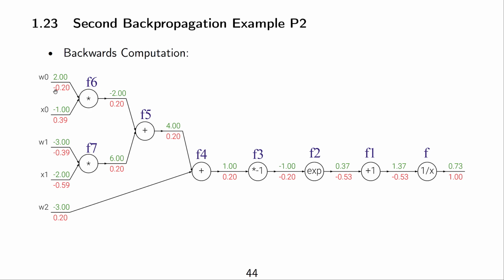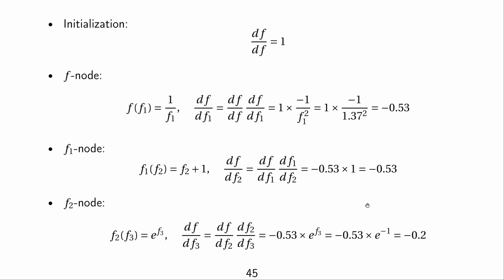All right, let's look at some other one here. So how do we get this value here? This is computed by taking 0.2 times minus 1. This gives us minus 0.20.